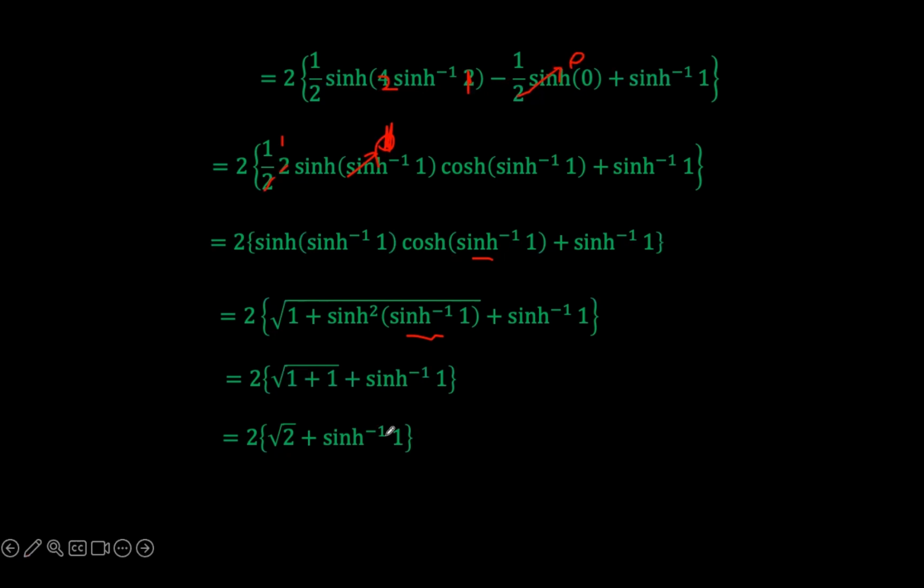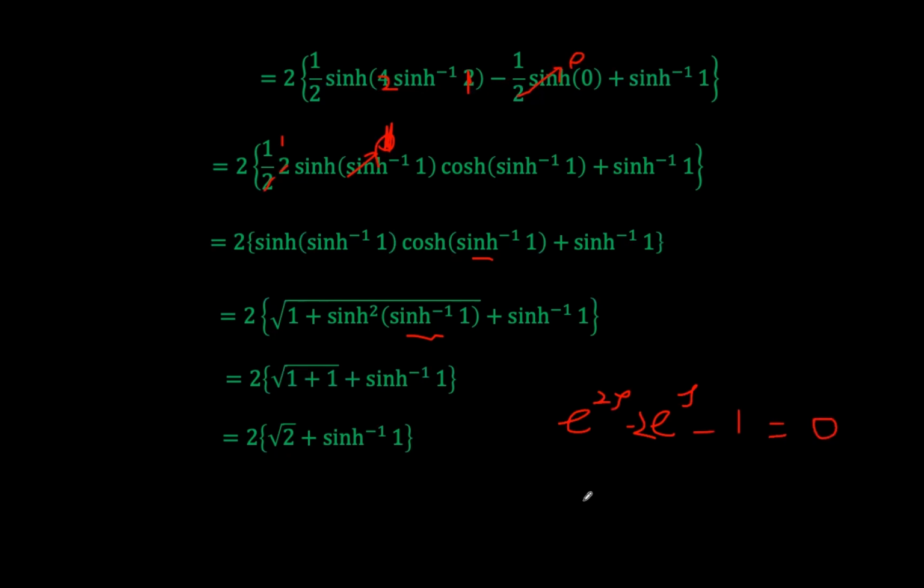We have e to the power 2y minus 2 times e to the power y minus 1 is equal to 0.